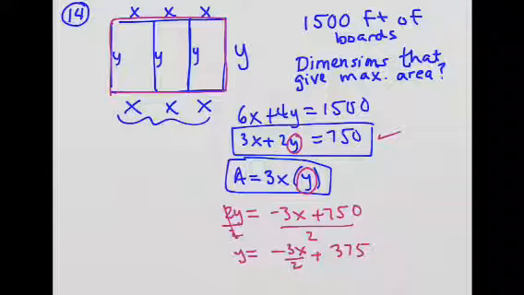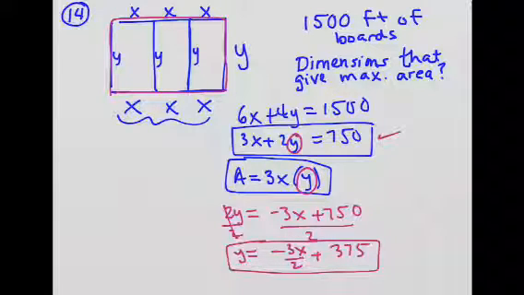Okay, and so I have y equals -3x over 2 plus 375. So I'm going to take that and substitute it here.